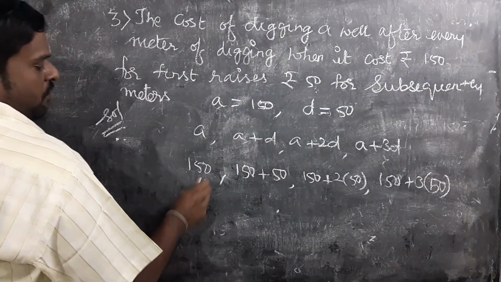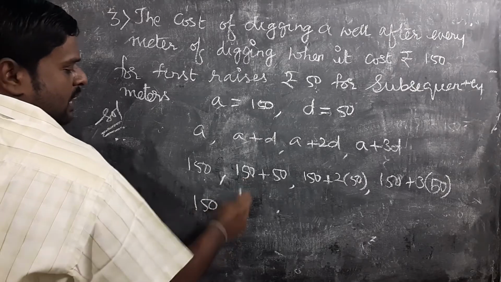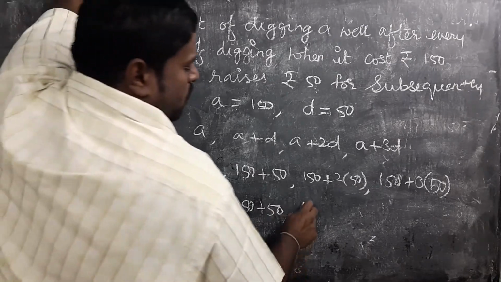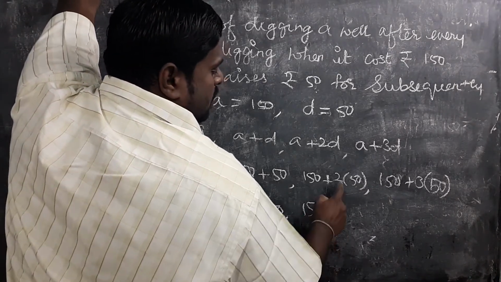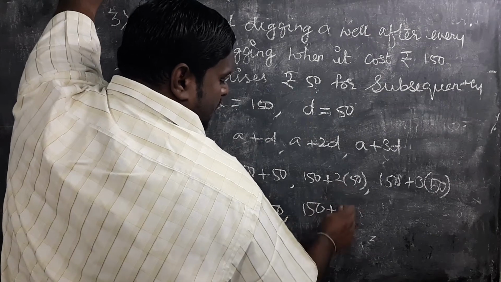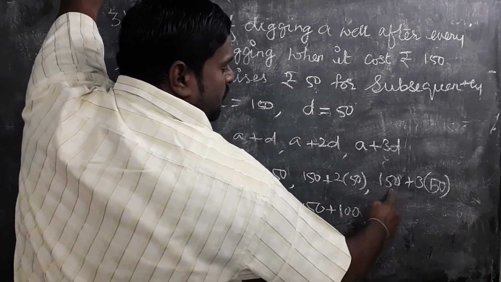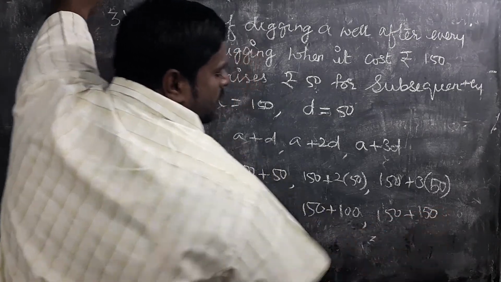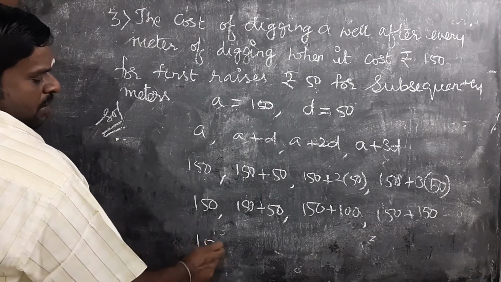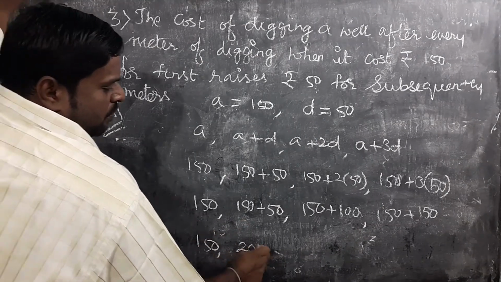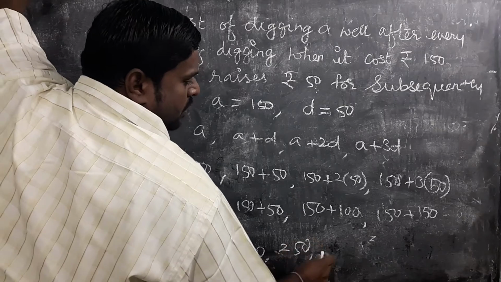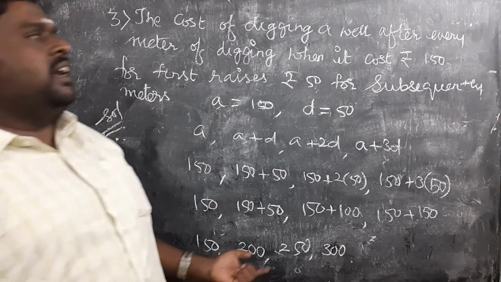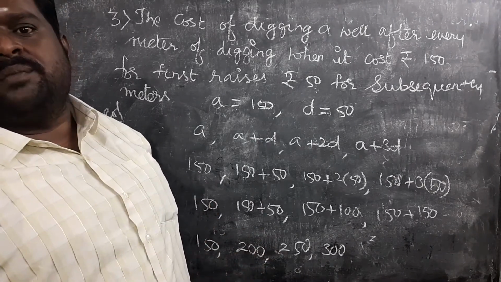So 150 plus 50, comma, 150 plus 100, comma, 150 plus 150. For simplicity I can write 150, 200, 250, 300. See, definitely the difference is 50, so definitely it is an AP.